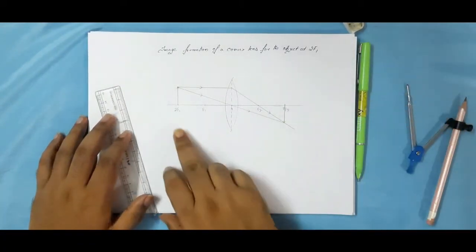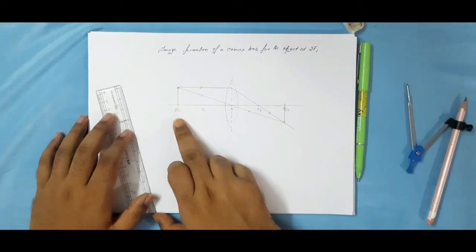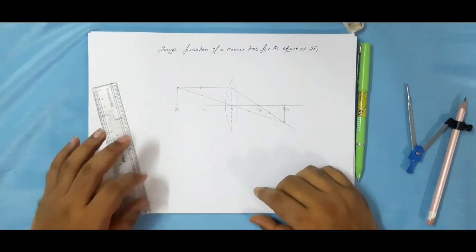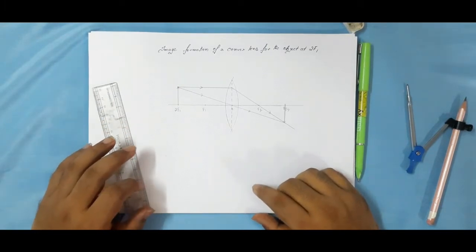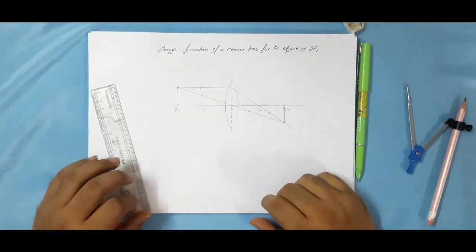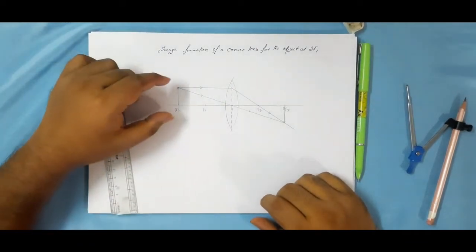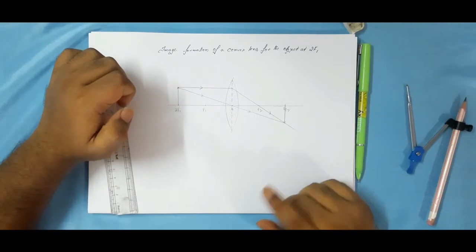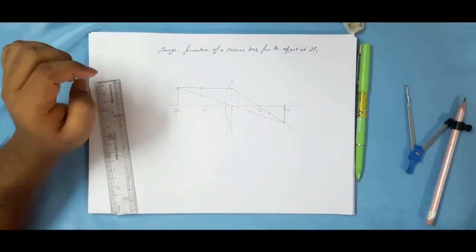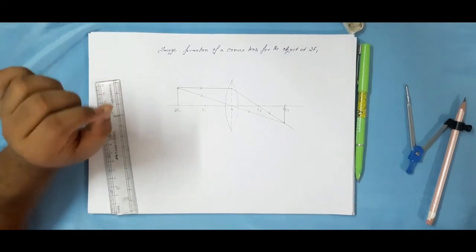So first, the object is at 2f1, the image formed at 2f2. Now the characteristics of image. That is, the image is real. Why real? Because the object and the image are on the opposite sides of the lens, so it is real.